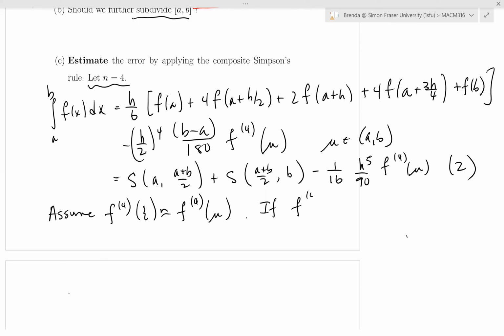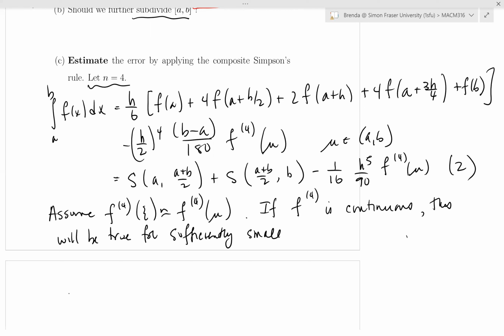If the fourth derivative is continuous, you don't actually know that, but if that's the case, this will be true for sufficiently small H. So there's a couple of assumptions built in here. That is, I've got a small interval, and I've got a function whose fourth derivative is continuous.